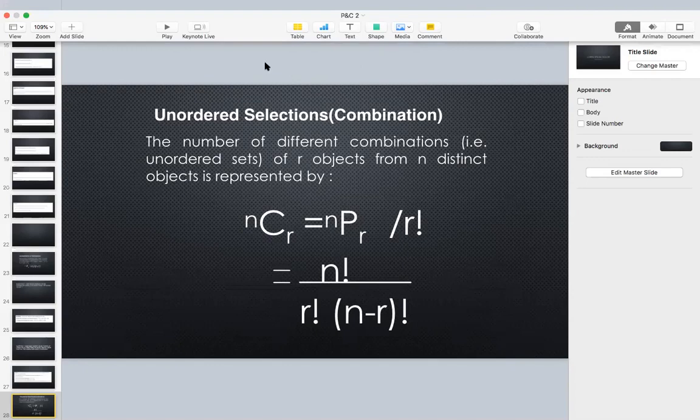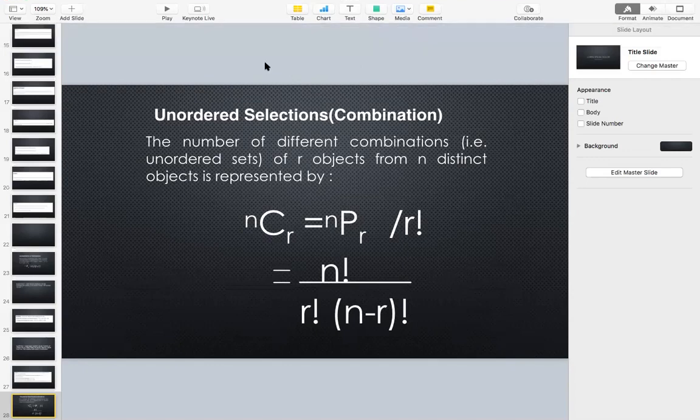NPR is when you arrange r items from n different items. NCR is when you select r items from n different items. The value of NPR is n factorial divided by n minus r factorial. But the value of NCR is that, and then you divide it by r factorial. So you can remember it in this way also.